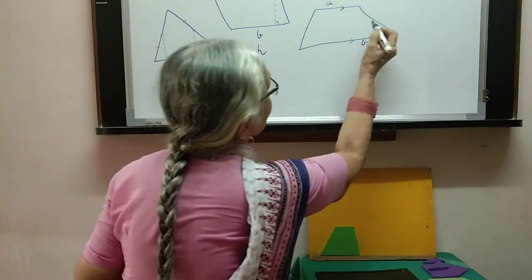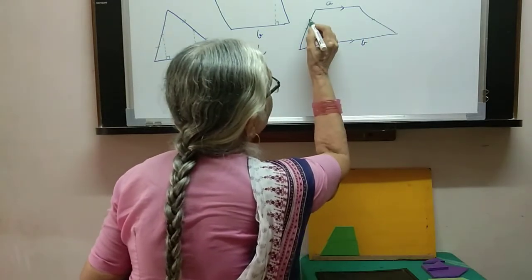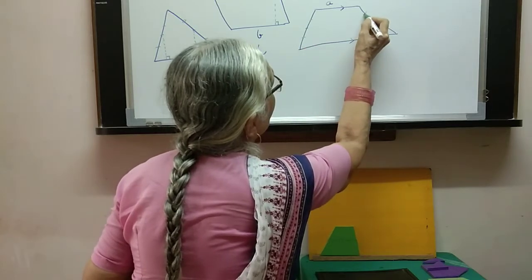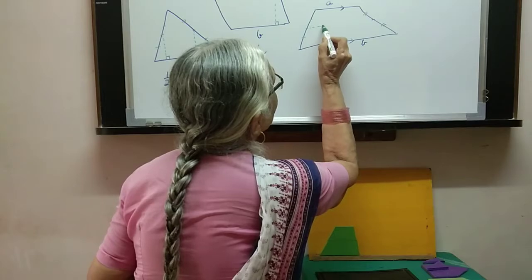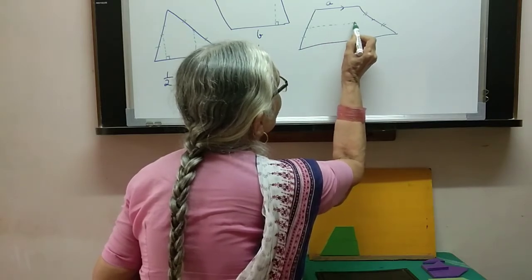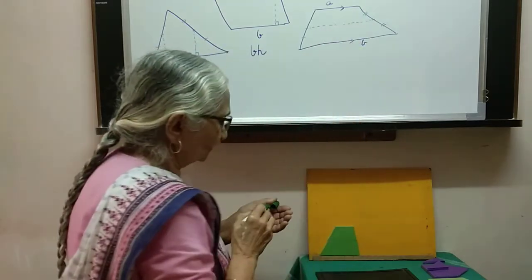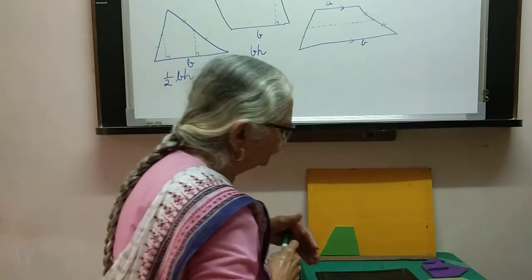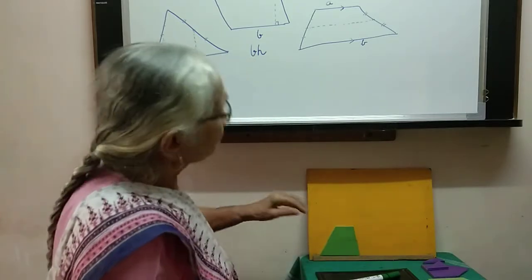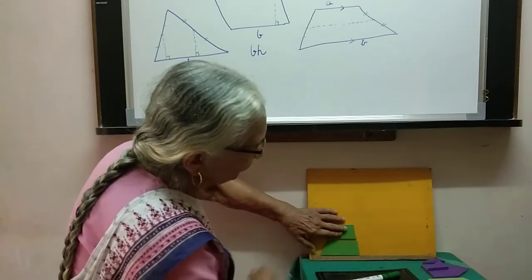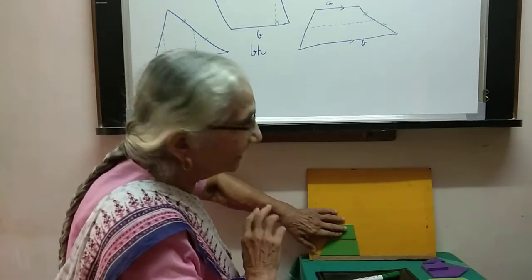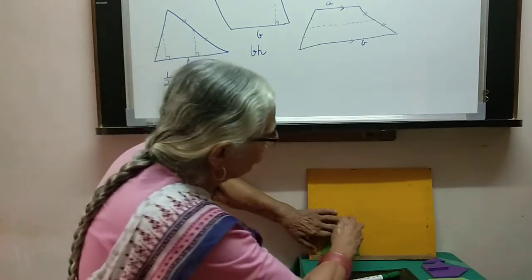Midpoint of this side and midpoint of this side, and we will draw it in a dotted line and green color, because we are going to cut along it. So our model is ready. We took the two midpoints, cut along the line segment joining these two midpoints, and have to verify the area.